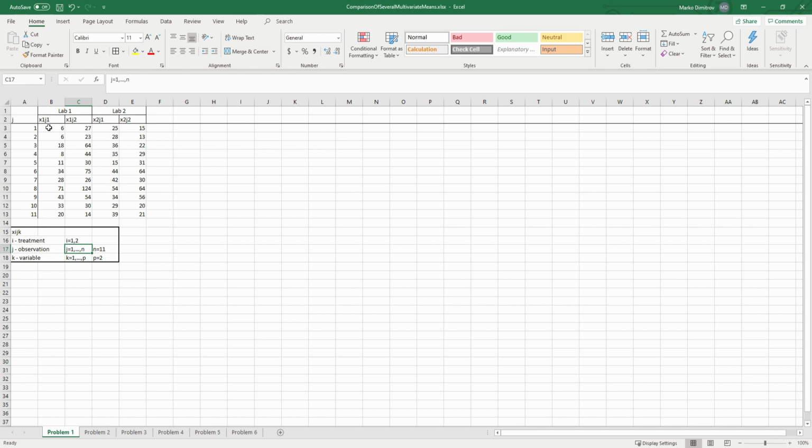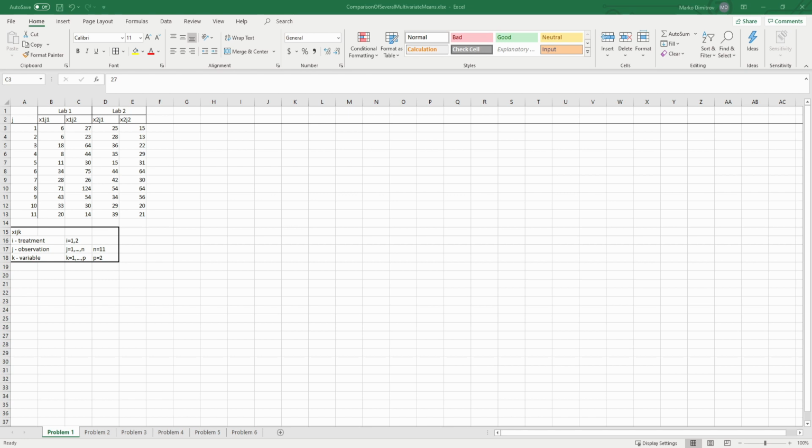Our second subscript can take 11 values. And because we have two variables, we have the first and the second variable. And let's test the hypothesis and compute Bonferroni and simultaneous intervals.